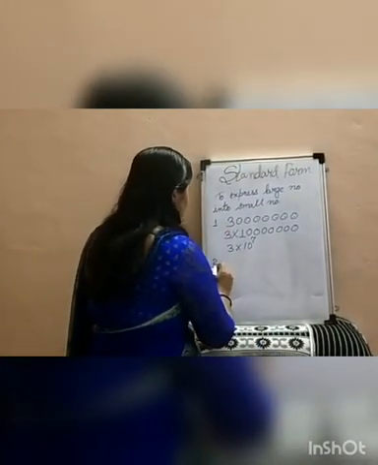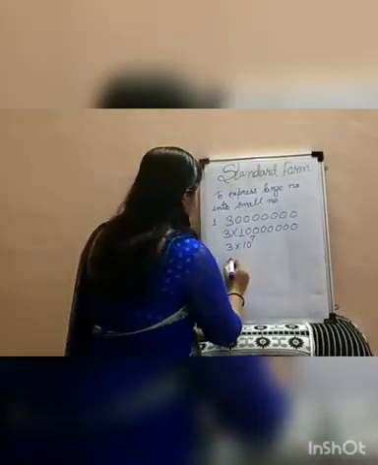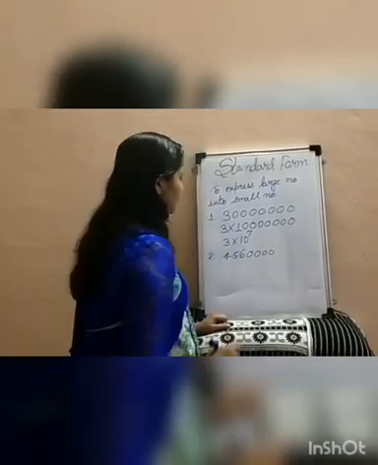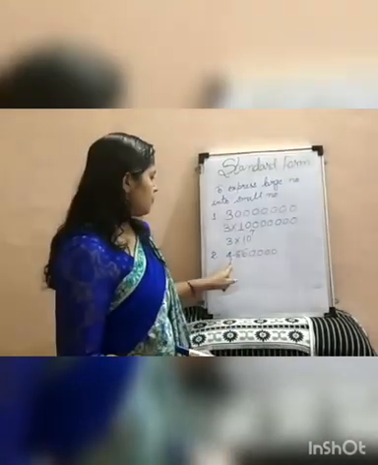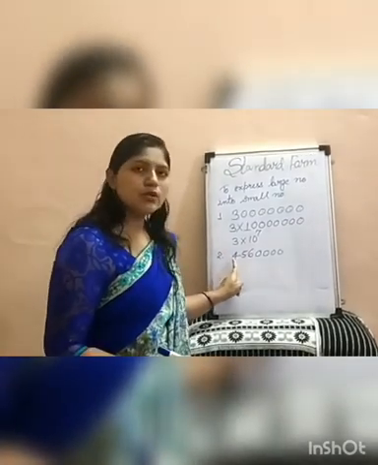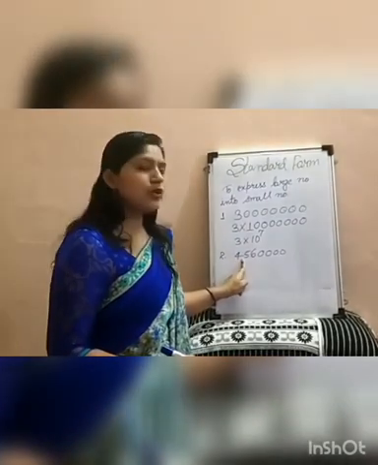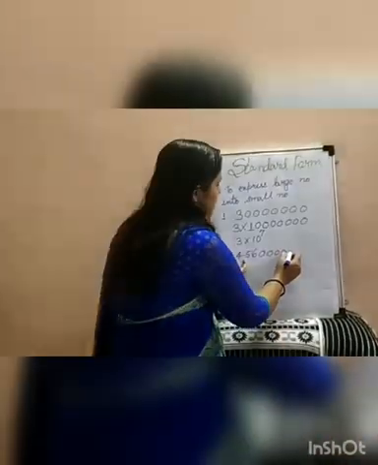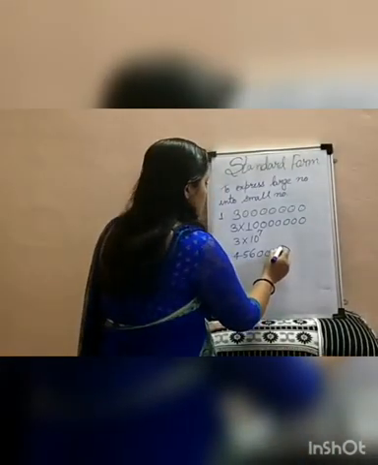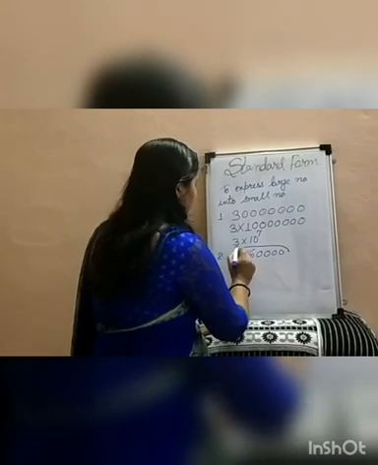Now second example. If the number is 4560000, in standard form, we will put a decimal after one digit. It means after 4, we will put a decimal. Suppose the decimal is here. We are going to transfer it here.